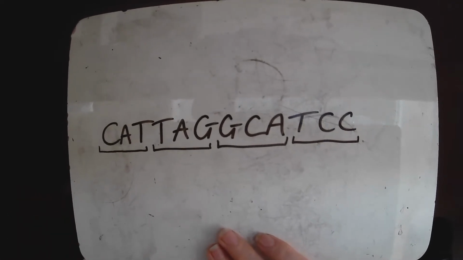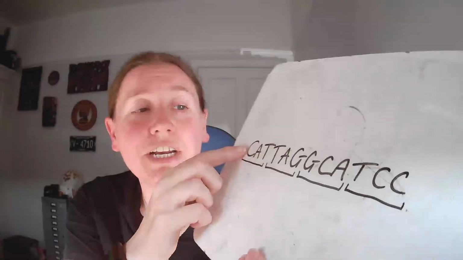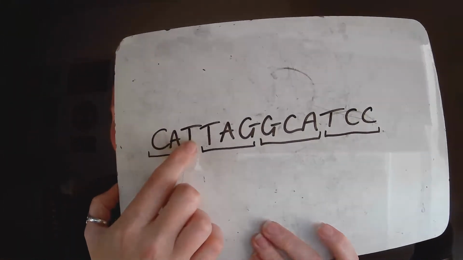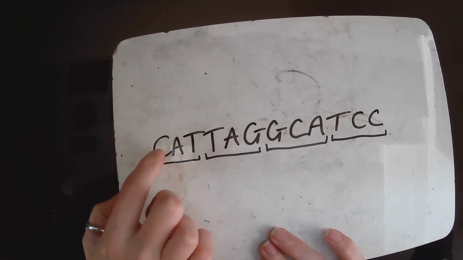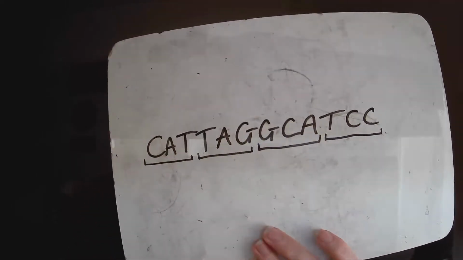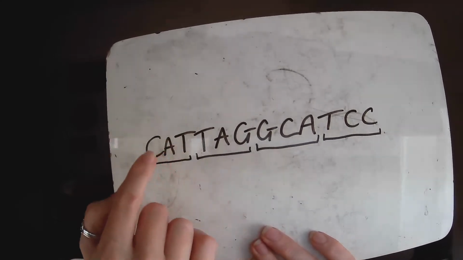Now, if what we're doing is just swapping a single base, so if we change this first C, let's change that T here, in fact. So if we were to change this T for an A, then we would change that first amino acid.